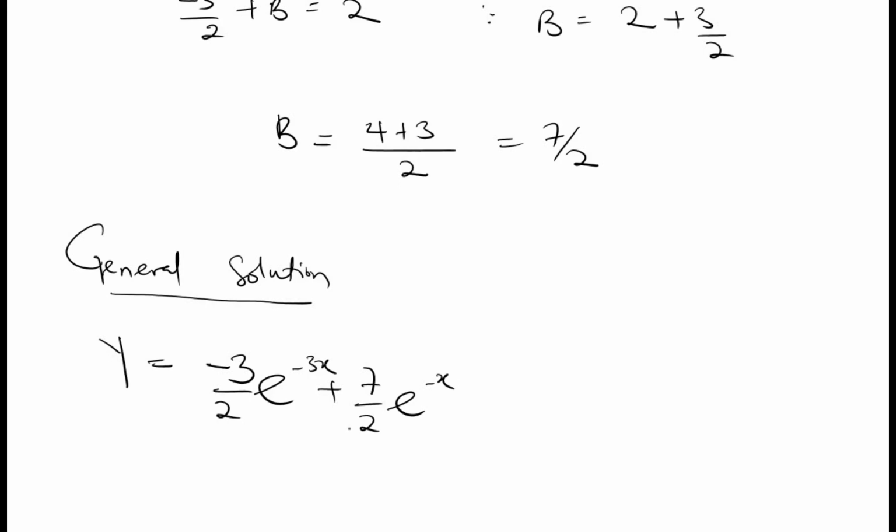Then the second part, that's the particular integral. I have cx exponential of negative x, which is 1 over 2x exponential of minus x. This is the final solution of my question.